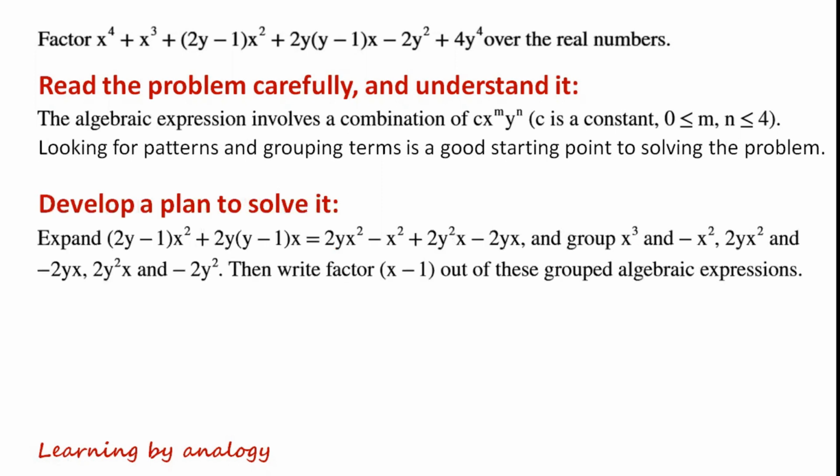Expand (2y minus 1) times x squared plus 2y times (y minus 1) times x, which equals 2yx squared minus x squared plus 2y squared x minus 2yx, and group x cubed and minus x squared, 2yx squared and minus 2yx, 2y squared x and minus 2y squared.